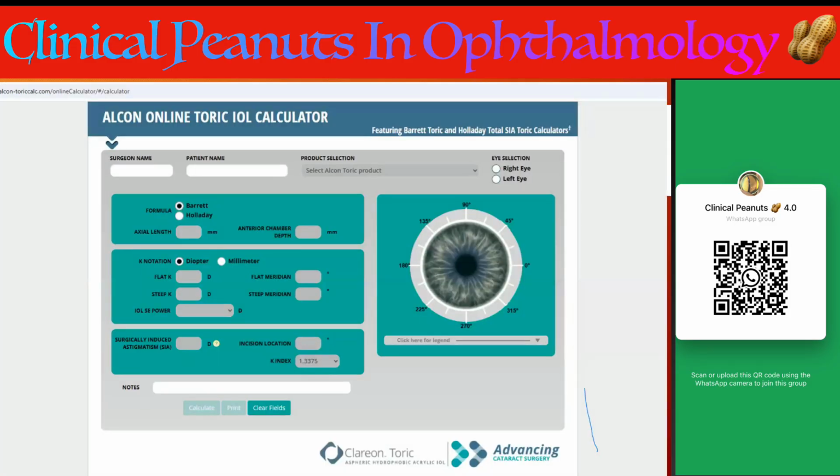Once you know the K values, you just need to use any online calculator. Many companies have online calculators, and most of them use the Barrett formula to calculate the final findings. Here you put in all your data, like axial length, K value, steep axis, and your SIA.